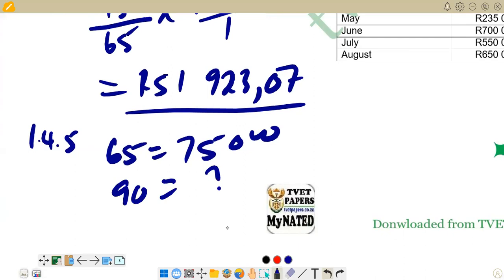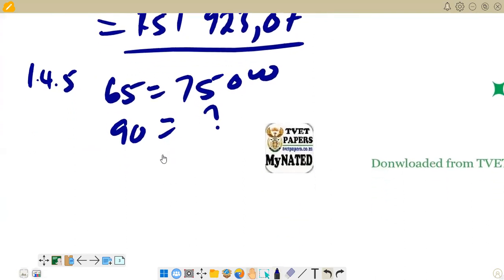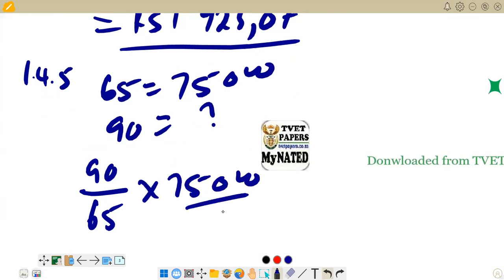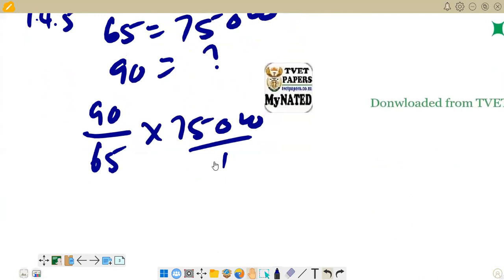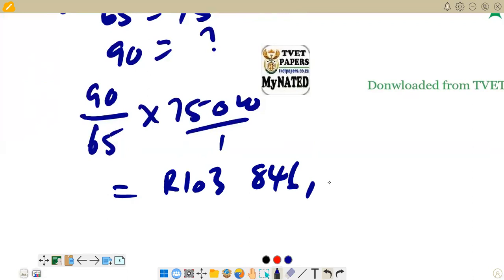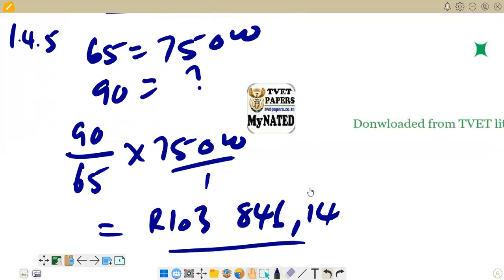So what we don't have is the numerator, what we have the denominator, multiplied by the given figure. If you use the calculator correctly, you are supposed to get 103,846.14. So this is our final on the first part.